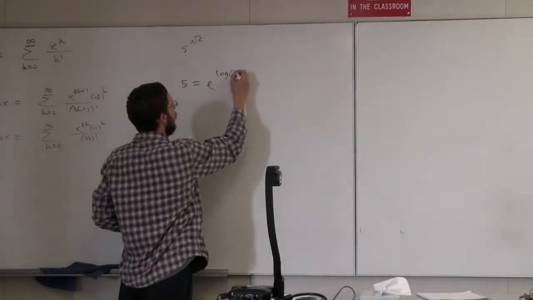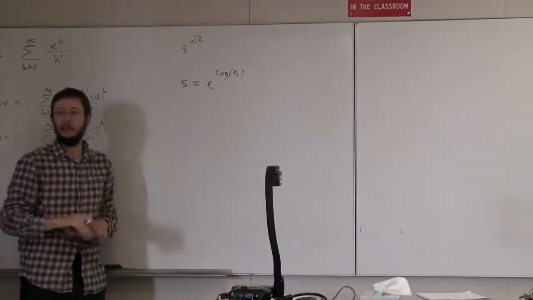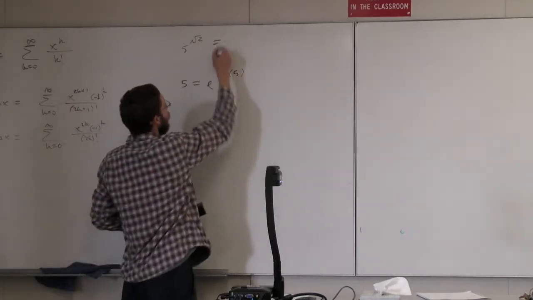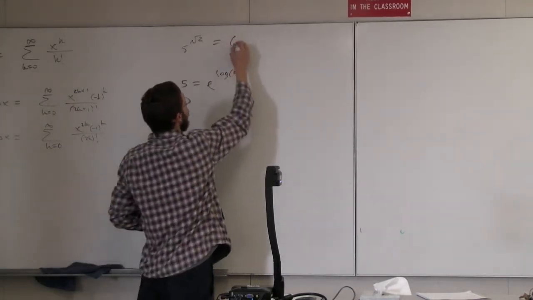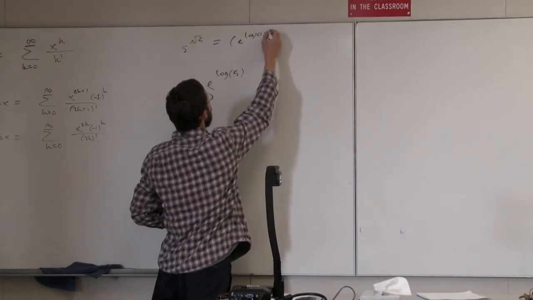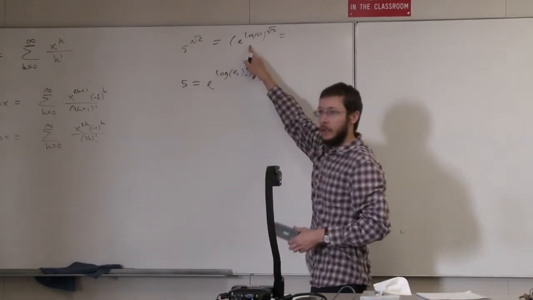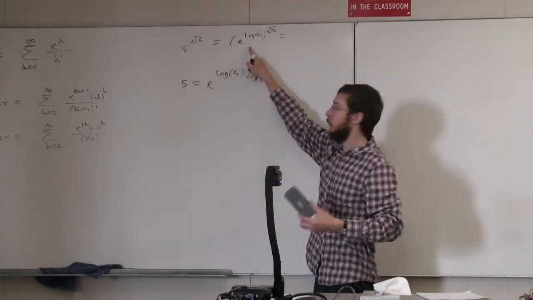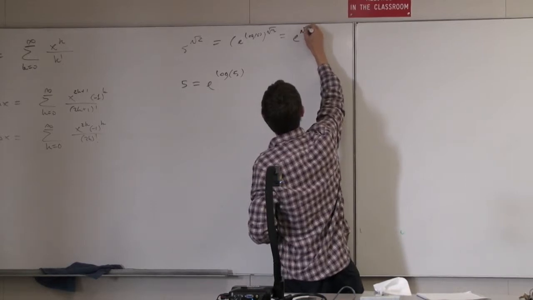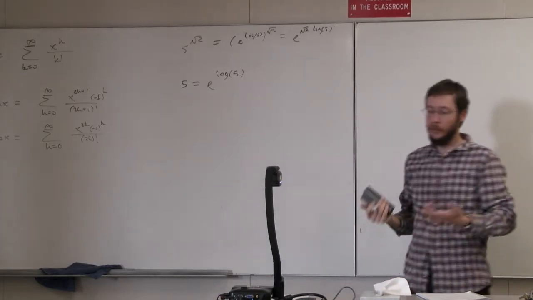So e to the log of 5 is 5, right? So let's rewrite this using that expression for 5. And then using the properties of exponents, we know that this is equal to e to the square root of 2 log of 5, right?